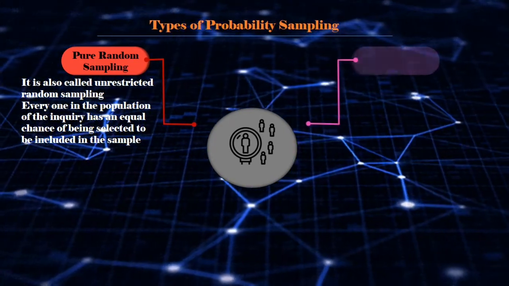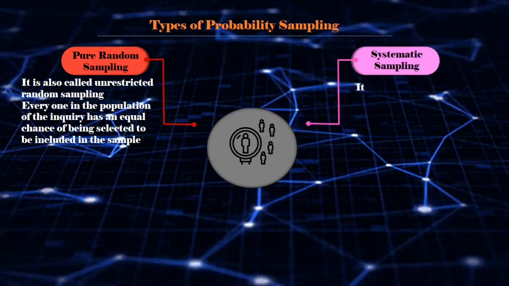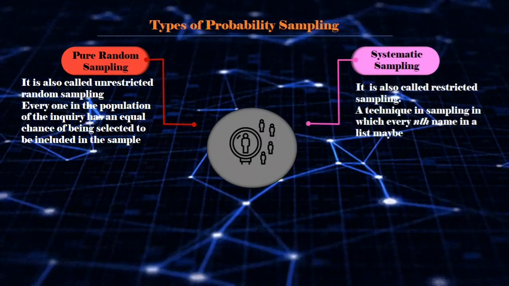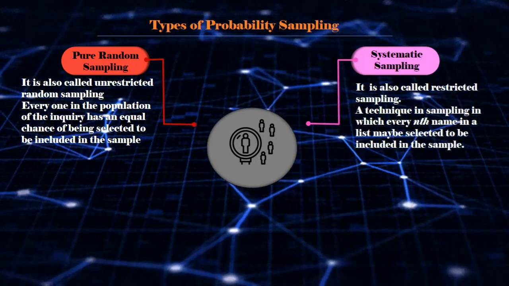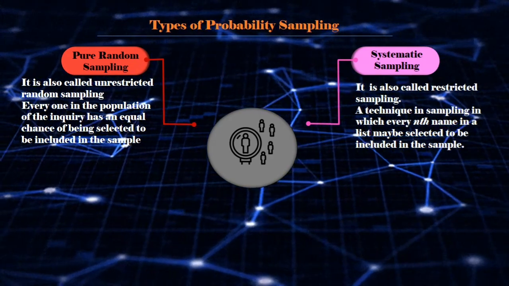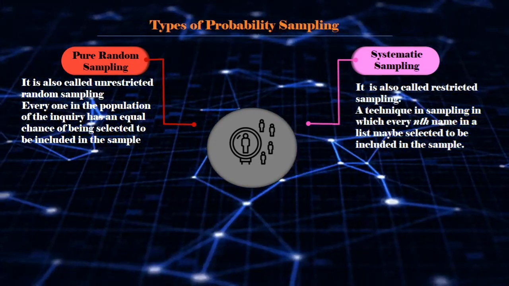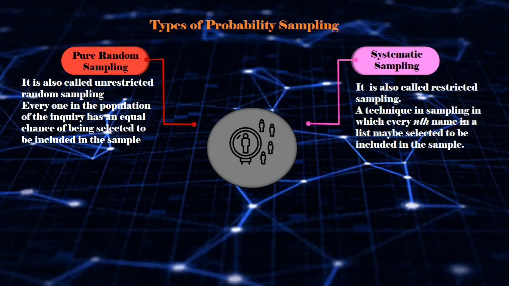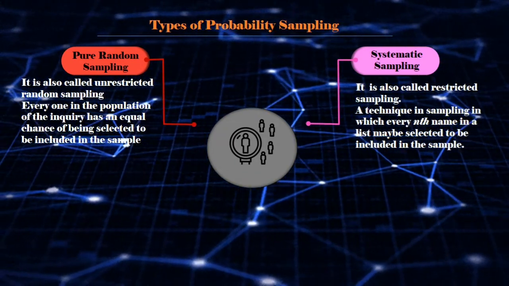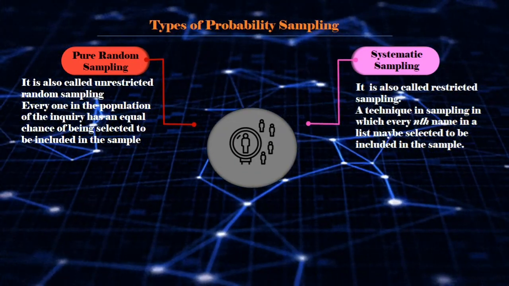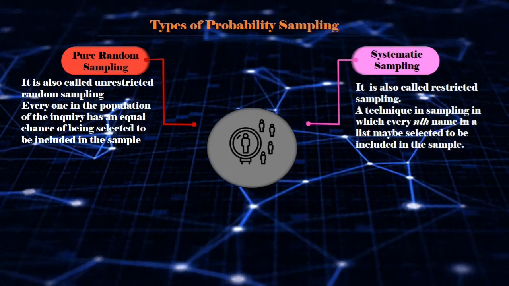The second is systematic sampling. It is also called restricted sampling. This is a technique in which every nth name in a list may be selected to be included in the sample.